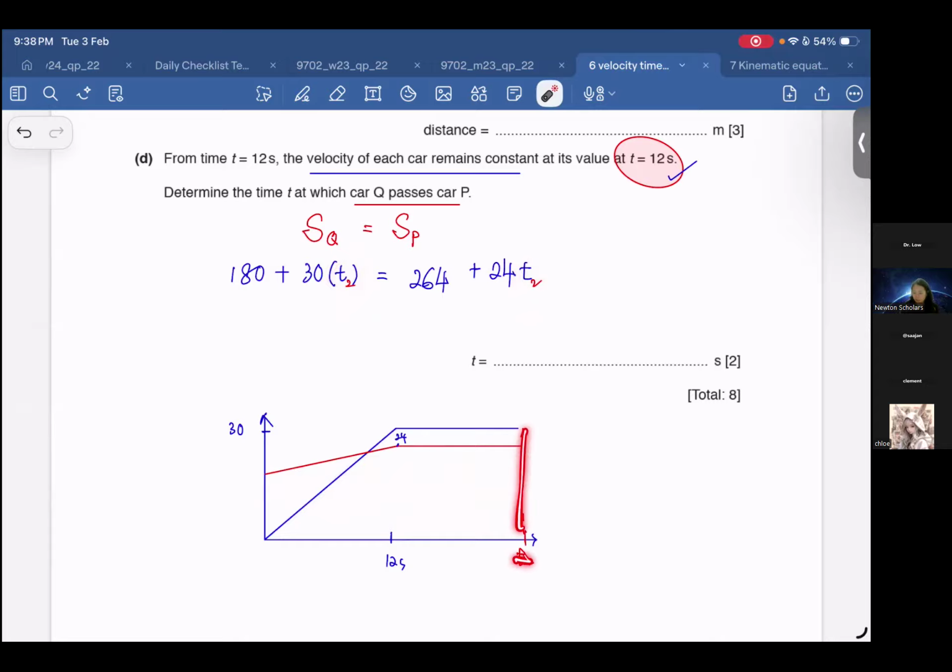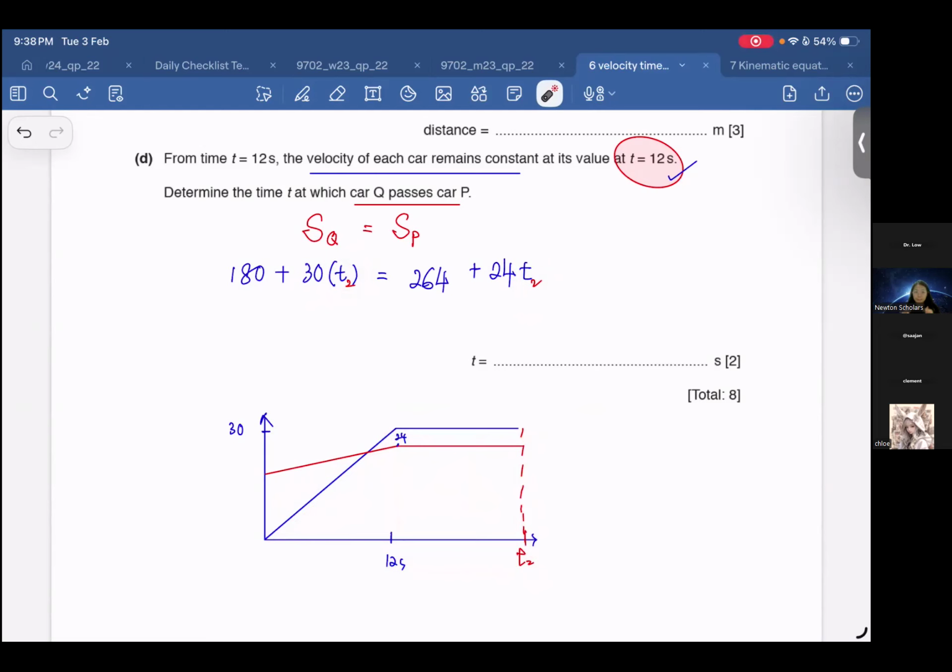At a certain time T2, the area under this graph will be equal to the area under this graph. Because the velocity is maintained, your graph should be horizontal. When we find the distance, it is the height times the time, so the speed times the time.